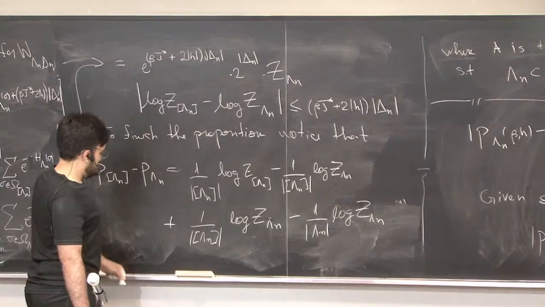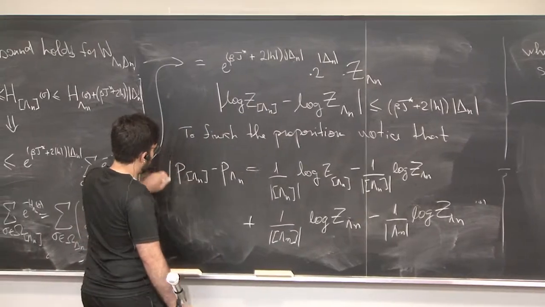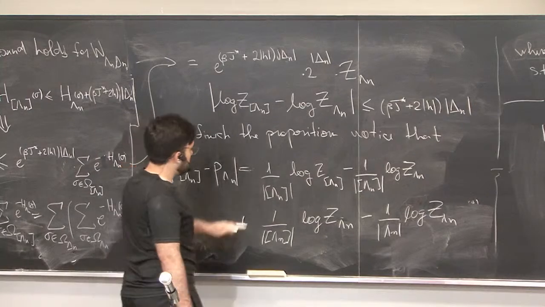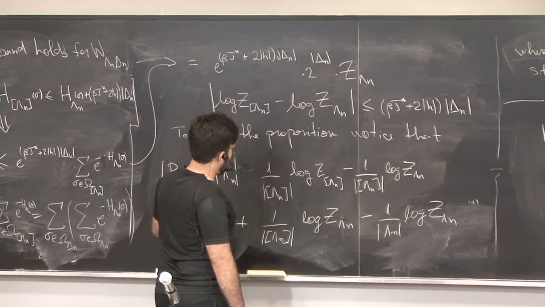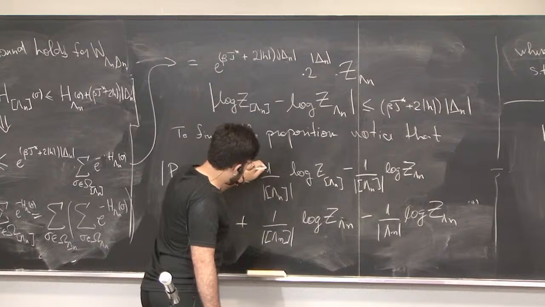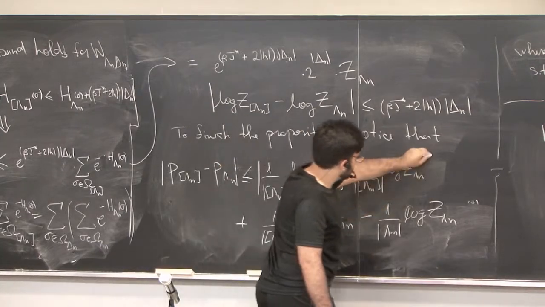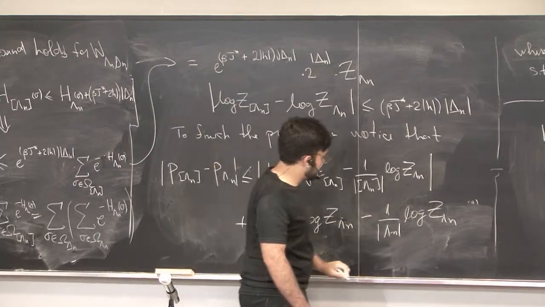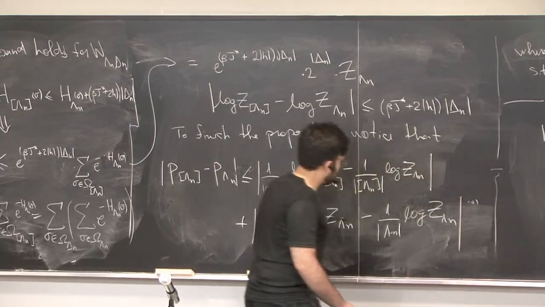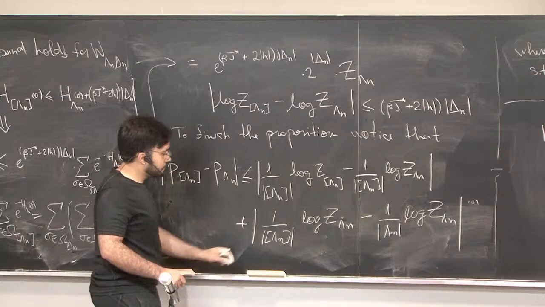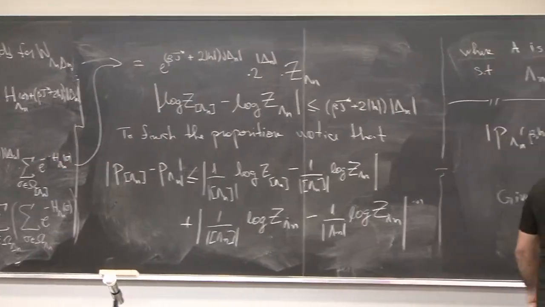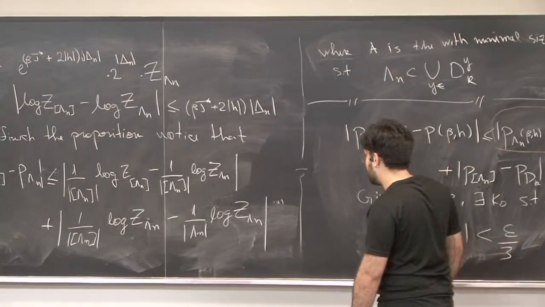Now, taking the absolute value and the triangular inequality, the absolute value of this is less than the absolute value of this plus the absolute value of this. Okay?